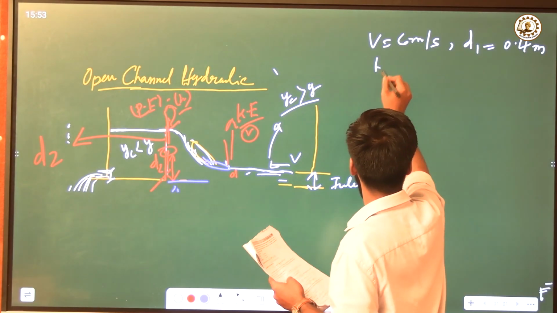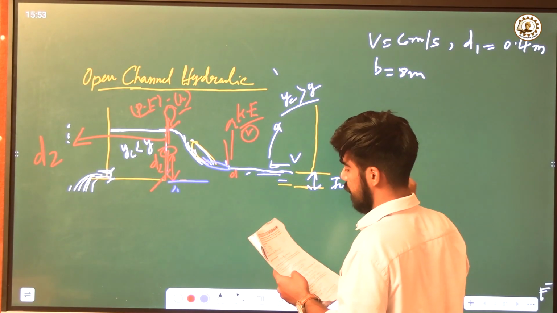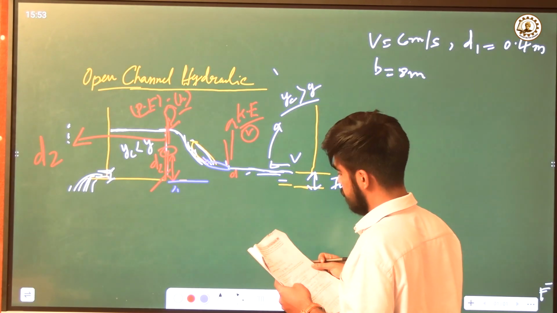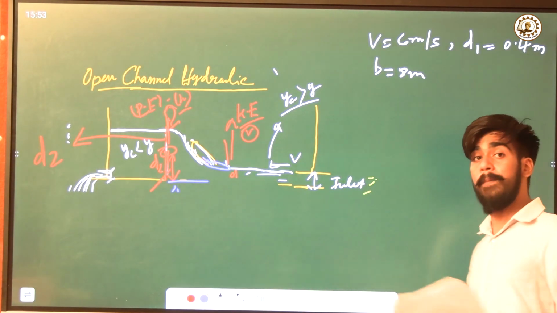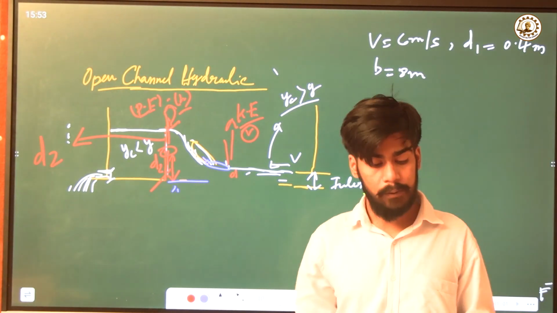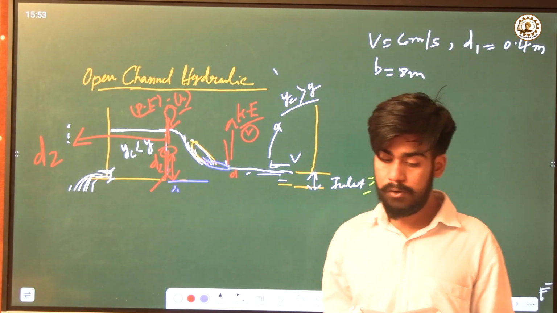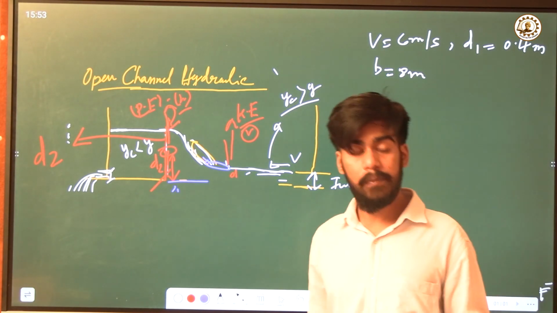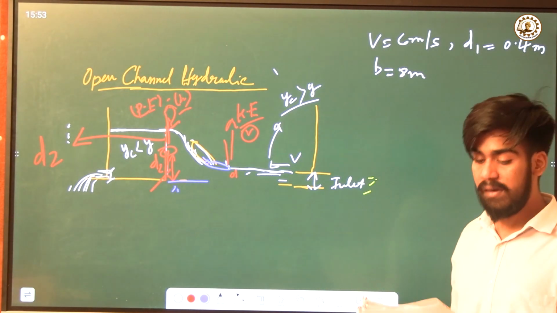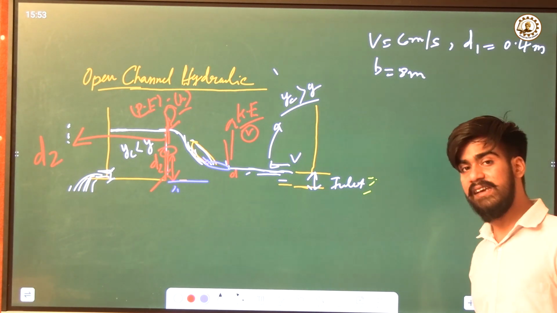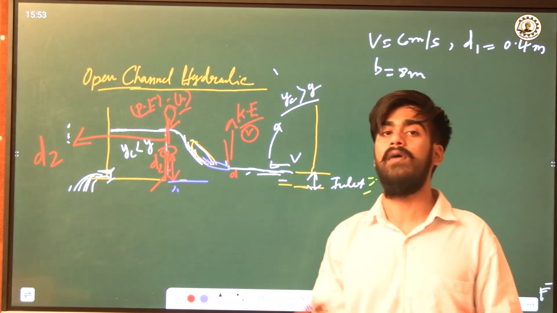The width of the channel B is 8 meters. Determine whether the hydraulic jump will occur, and if so find its height and the loss of energy per unit weight, and then determine the power lost in the hydraulic jump. Now the first question is, will the hydraulic jump occur?